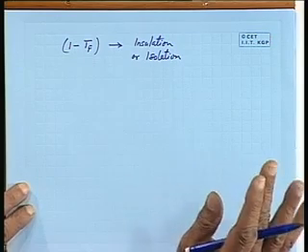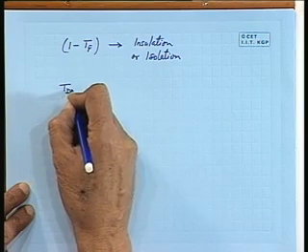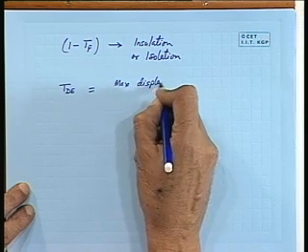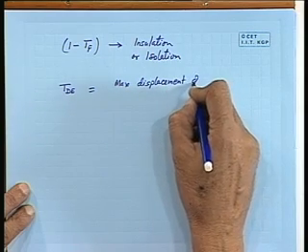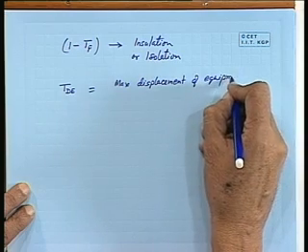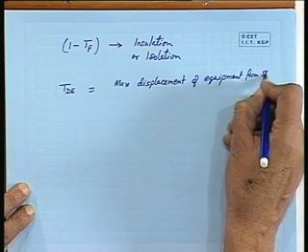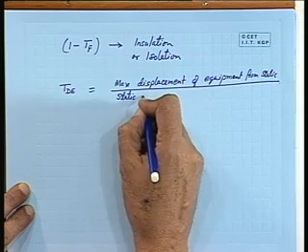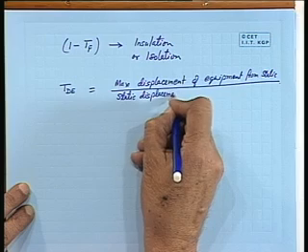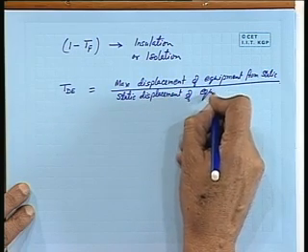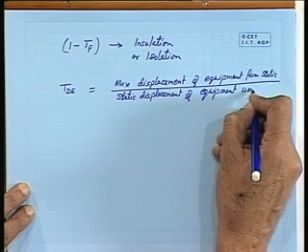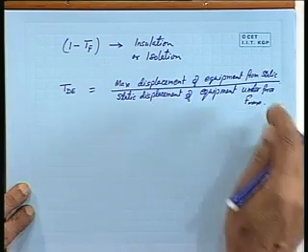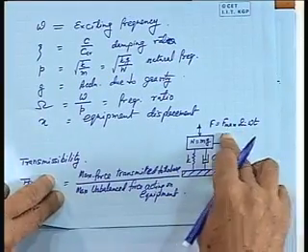This leads to displacement transmissibility of the equipment, and we define displacement transmissibility of equipment, TDE, as the maximum displacement of equipment from static condition to the ratio of static displacement of equipment under force F max. See, we have taken F max sin omega t, so under force F max.